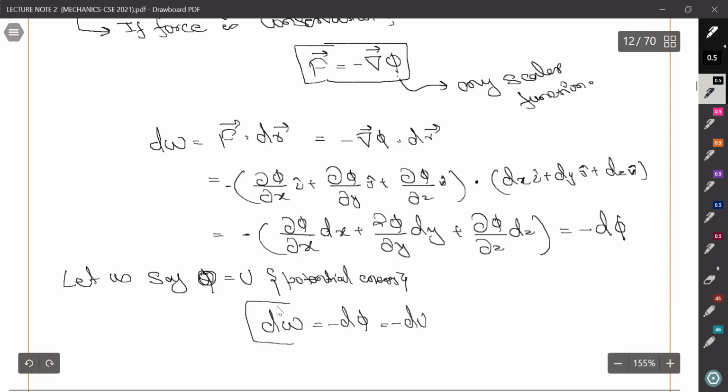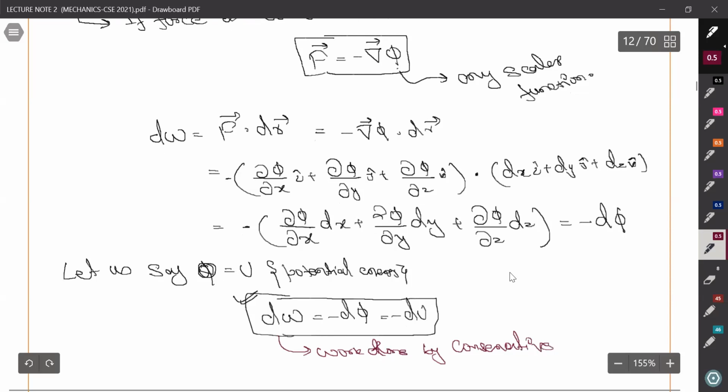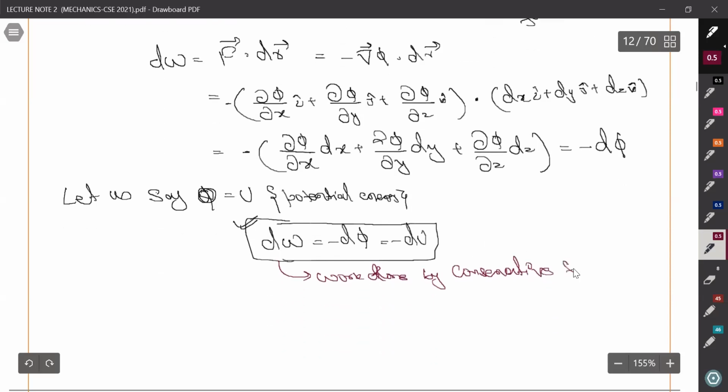So work done by conservative force, what does it mean? This means work done by conservative force is stored in the potential energy of the system.